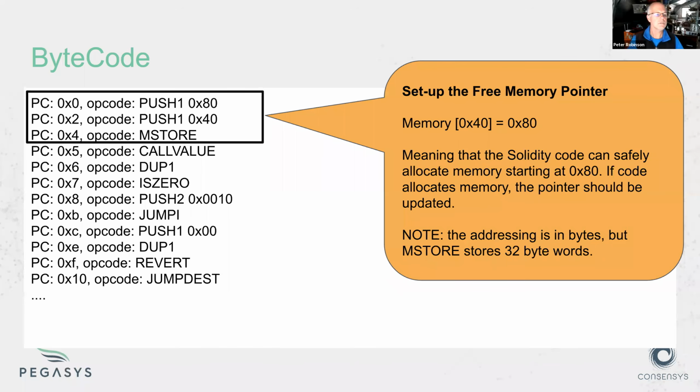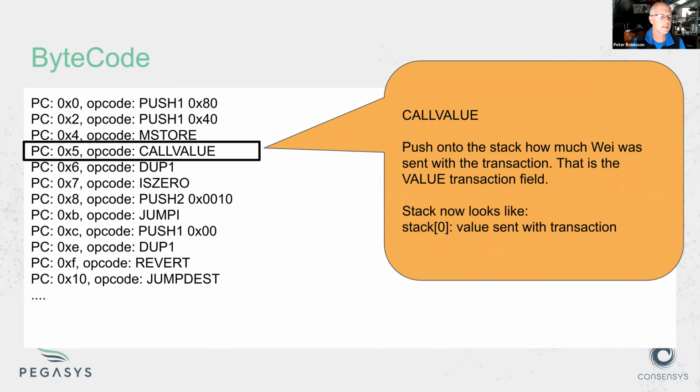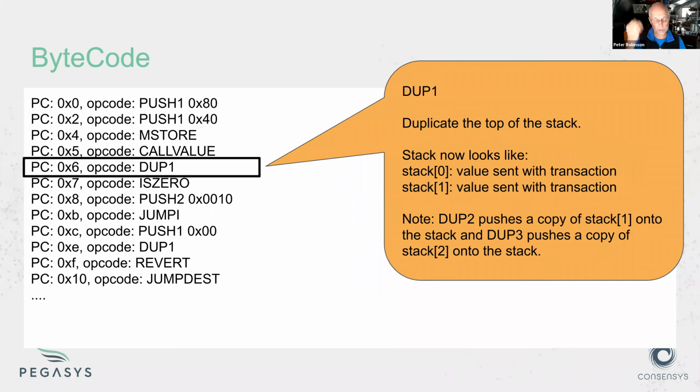Callvalue puts onto the stack what the value field of the transaction was, so how much has been sent. And then you have dup1, which duplicates the top of the stack. Now we've got the stack looking like this, where both stack 0 and stack 1 contain the value that was sent with the transaction.